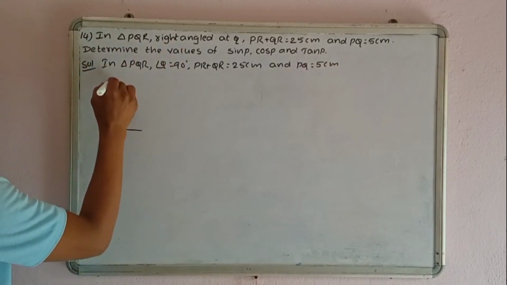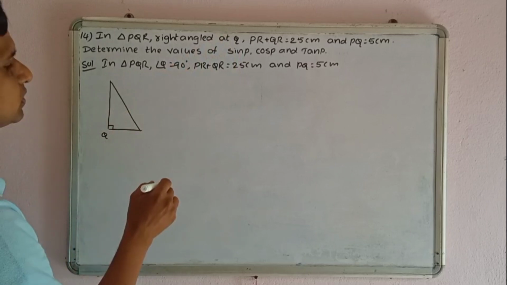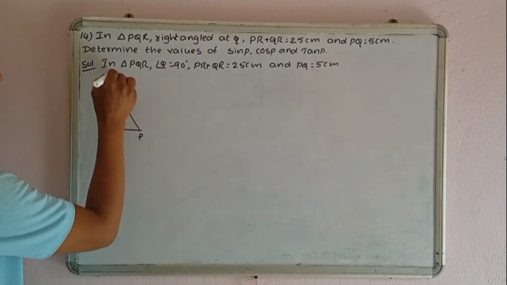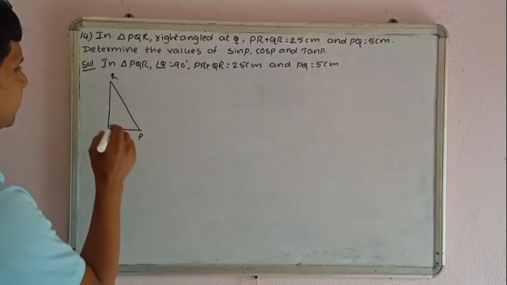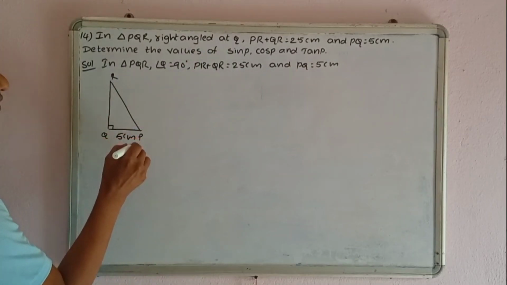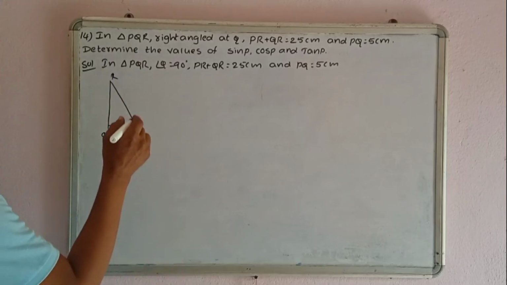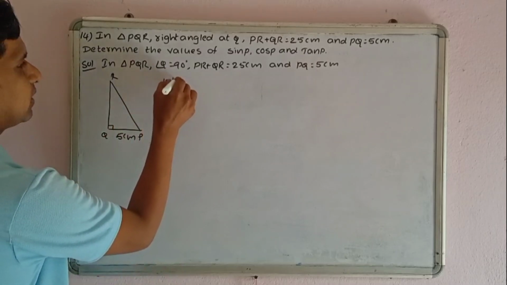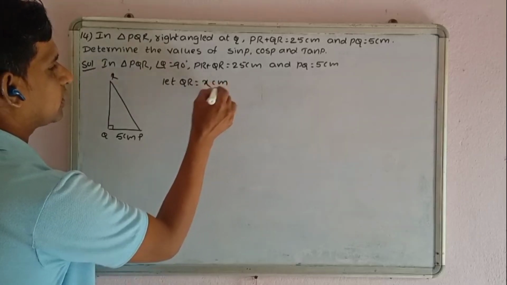Okay. See this triangle. In triangle PQR right angle at Q, the remaining two sides are PR and QR. Here PQ equals 5 centimeters. Now PR plus QR equals 25. Let QR equal x centimeters.